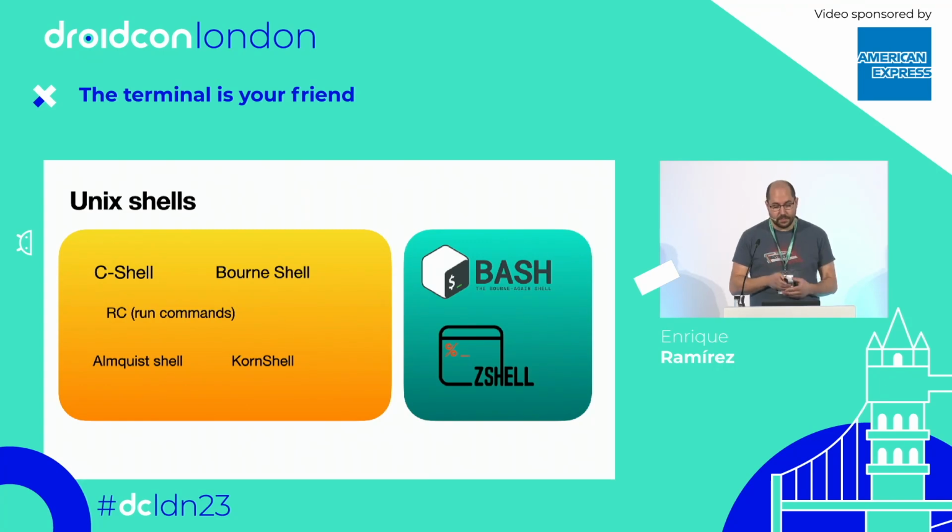And what we have today, and what you are normally going to work with, is going to be Bash, but I think it's important not to forget about those ones because these were based on those original ones. So you will have either Bash or C shell. C shell is compatible with Bash, and they are both based on Bourne shell.